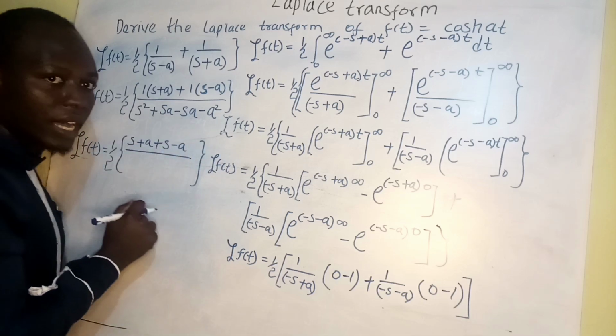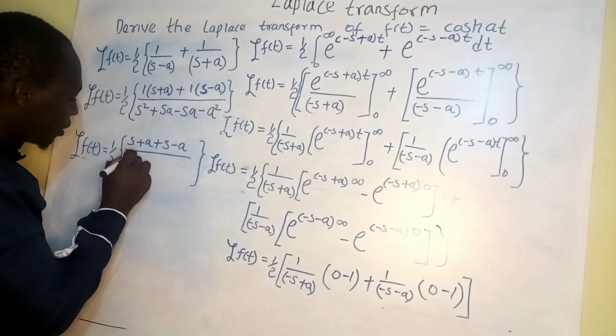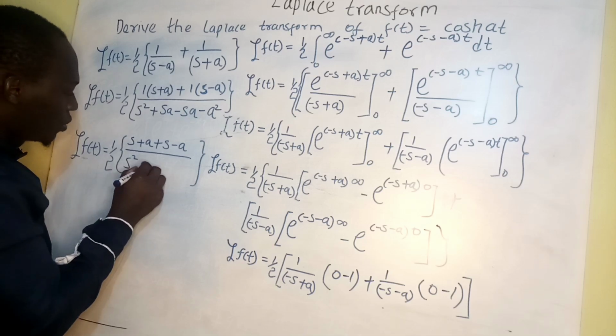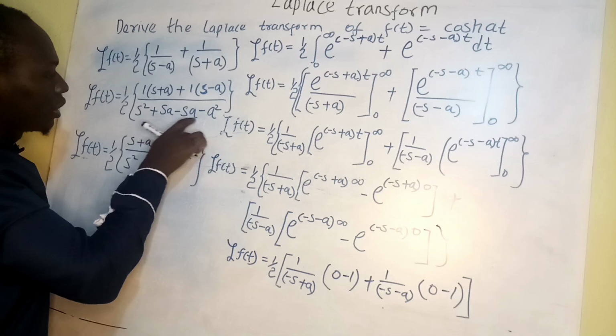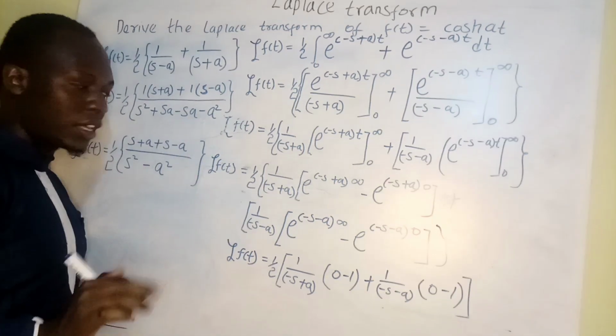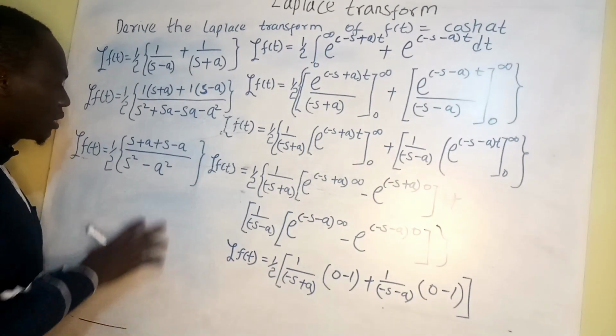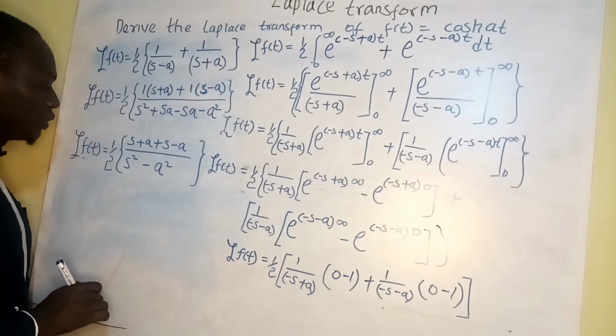On the denominator we are going to have s squared we subtract from a squared. This one is a positive, here we are having a negative. They are going to cancel out one another, and this is what we are going to have on the denominator.